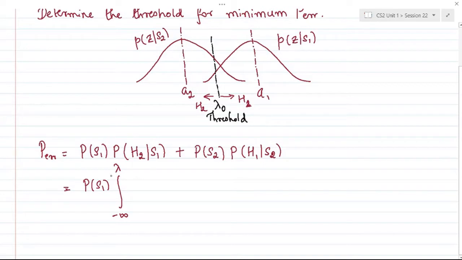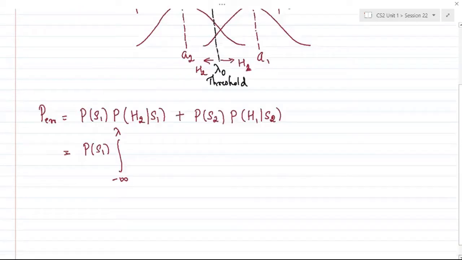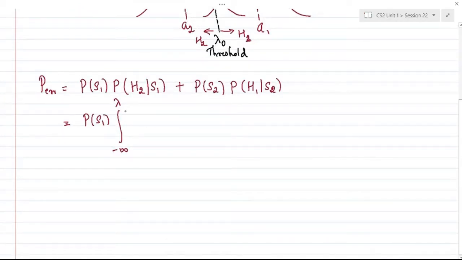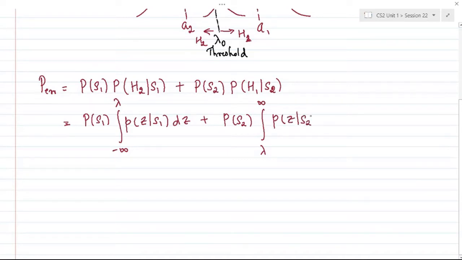As of now, I'll just keep the threshold value as lambda in general. The integral is from minus infinity to lambda, probability of z given S1, that is your hypothesis region H2, dz, plus probability of S2 times the other integral from the region of hypothesis region 1, z given S2 dz.